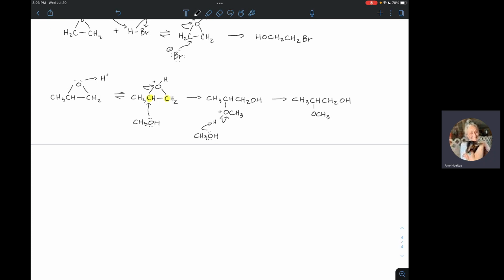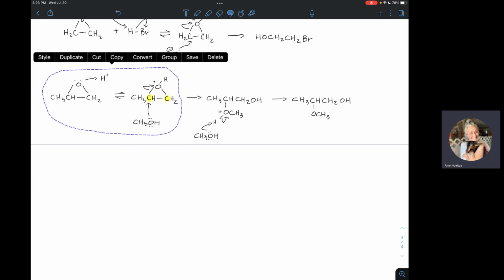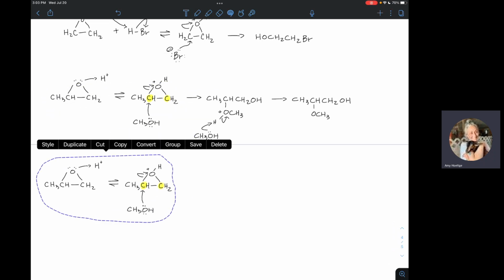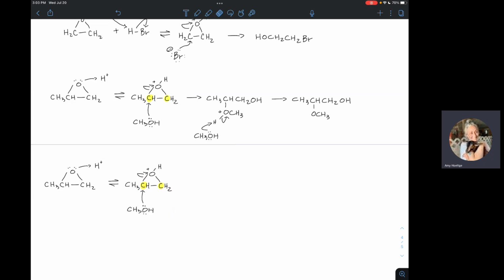If I were to, for example, attack the other carbon, let me just duplicate this and bring it down here. Now, instead of attacking that carbon, I'm going to attack the other one. So theoretically, that's a possibility.